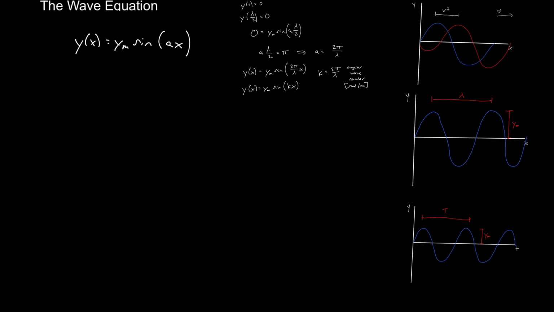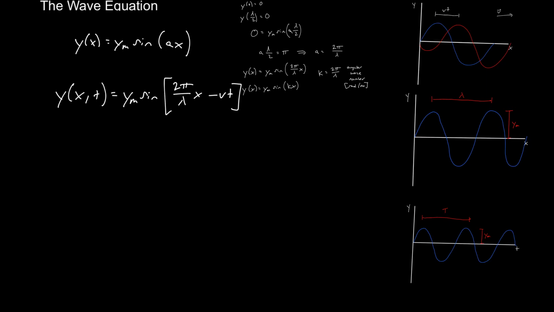Okay, so our wave equation, if we write it in terms of y and x and t, that is ym times the sine of kx minus vt, right?